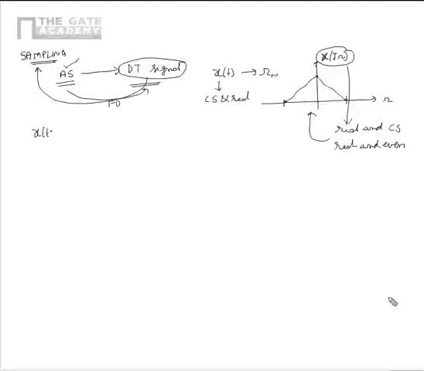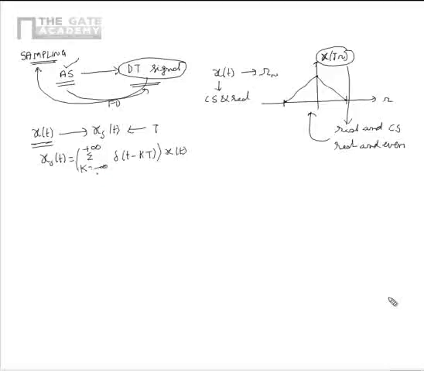Suppose the signal x of t is sampled to get another signal xs of t. Let the sampling interval be t. The sampling of x of t is same as multiplying x of t with an impulse train, that is multiplying x of t with a signal sigma k equal to minus infinity to plus infinity delta of t minus kt.